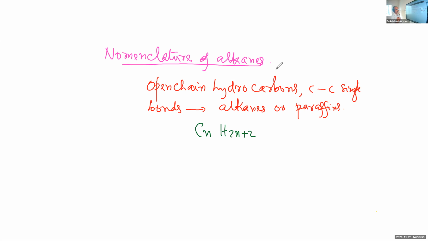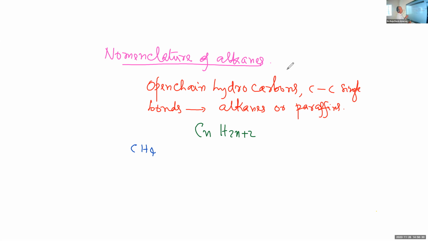Let us start with the simplest alkane. The simplest alkane will contain only one carbon atom, and it is nothing but CH4. Only one carbon atom: C1, H2 into 1 plus 2, that is CH4.